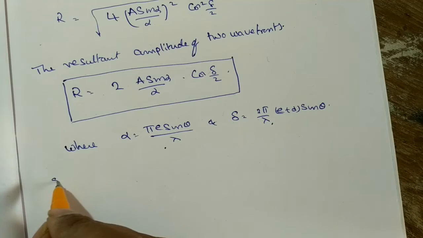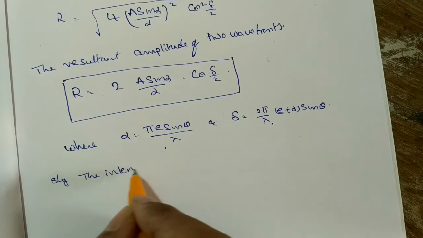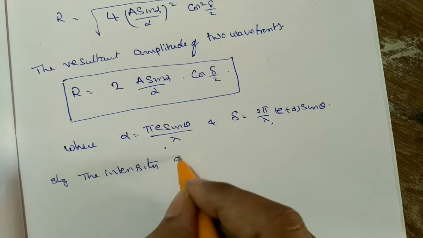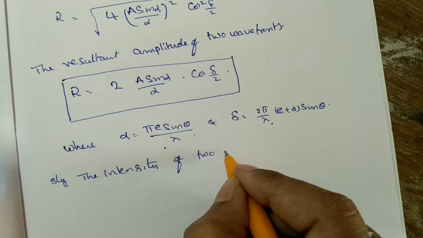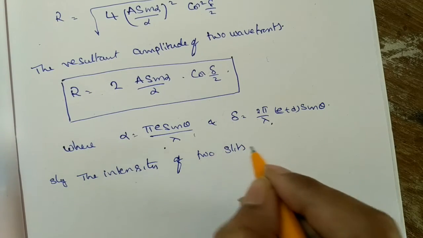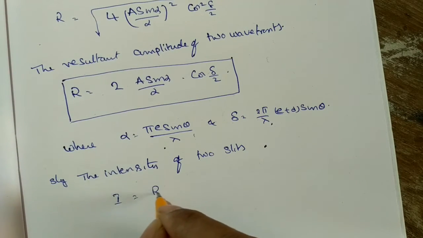Now similarly, the intensity of two slits is I is equal to R square, we know.